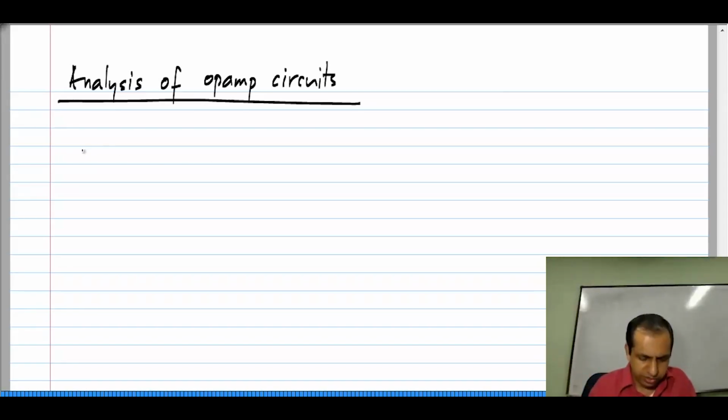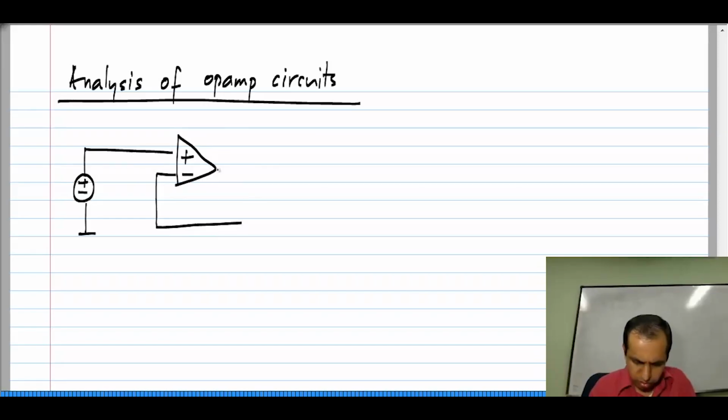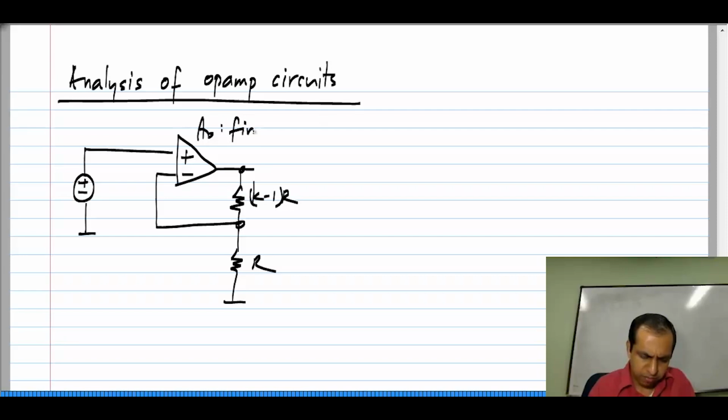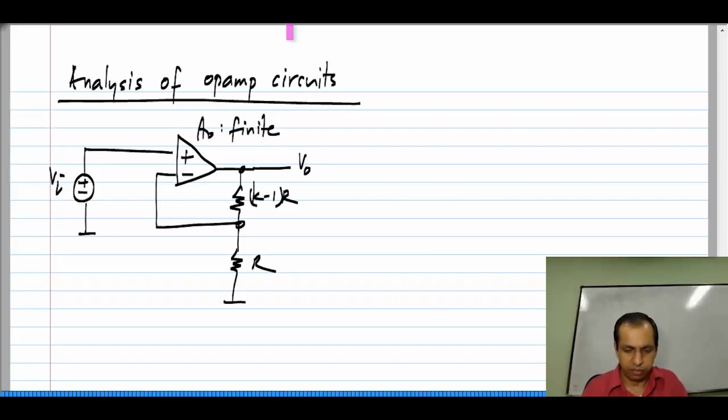Because let us take the same circuit we have been considering. And let us say A naught is finite, that is, the op amp is not ideal. Okay. So, then the only thing different between this and all the circuits we analyzed before is the symbol.